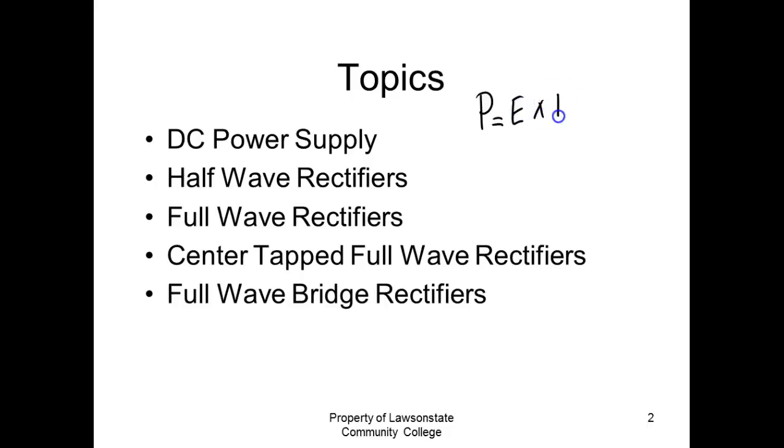E times I, or V times I. Okay. So what determines the amount of current? Well, I is equal to P over V. What determines the amount of voltage drop we get across something? V is equal to I times R.